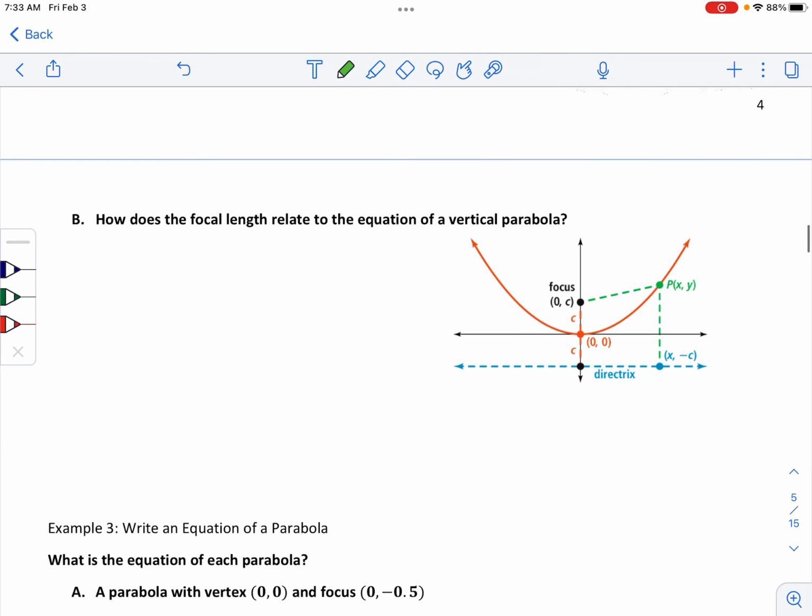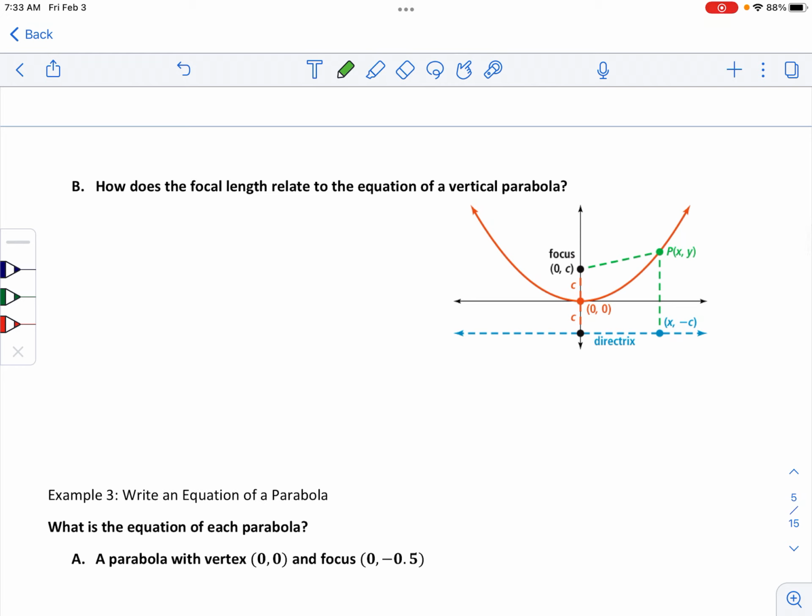So how does the focal length relate to the equation of the vertical parabola? When we look at this, we have these points that are already on here, and we can use the distance formula again, knowing that the distance from the focus out to the parabola has to be the same as the distance from the parabola to the directrix.